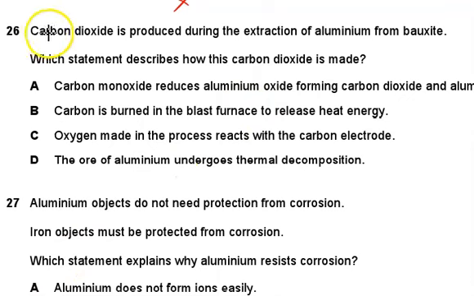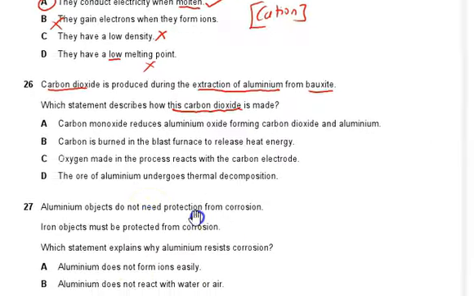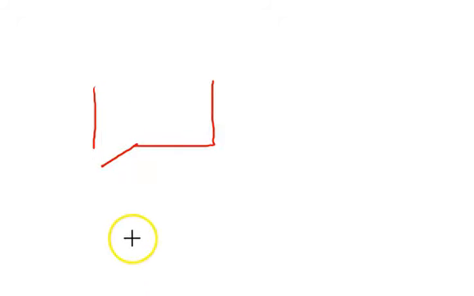Carbon dioxide is produced during extraction of aluminium from bauxite. Which statement describes how this carbon dioxide is made? Let me draw for you the structure of the extraction of aluminium. I just draw a simple one here.